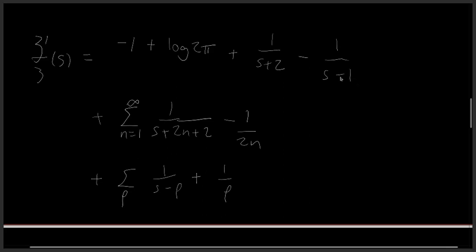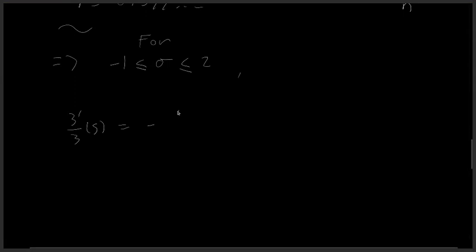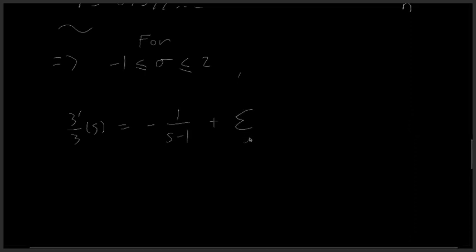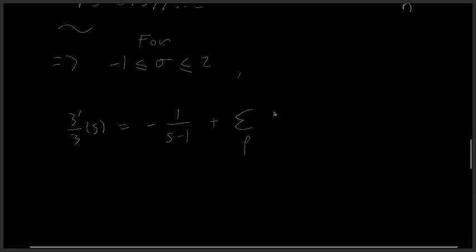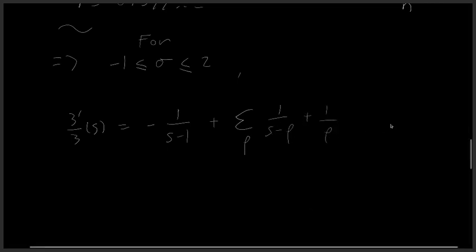Can't get too close to the pole at 1. And then we also have the sum over the zeros of the Riemann zeta function. So what we end up getting is that zeta prime over zeta is minus 1 over s minus 1 plus the sum over the zeros of the Riemann zeta function of 1 over s minus rho plus 1 over rho.